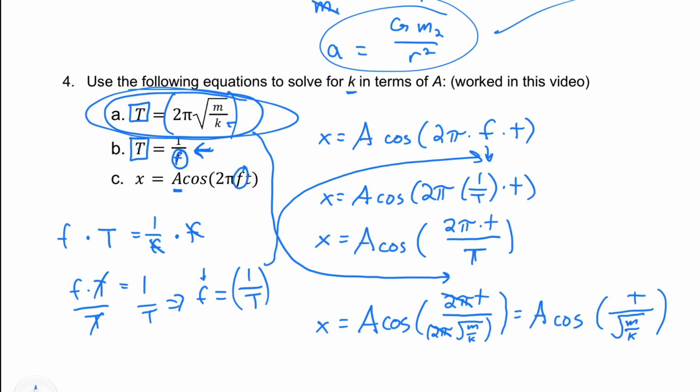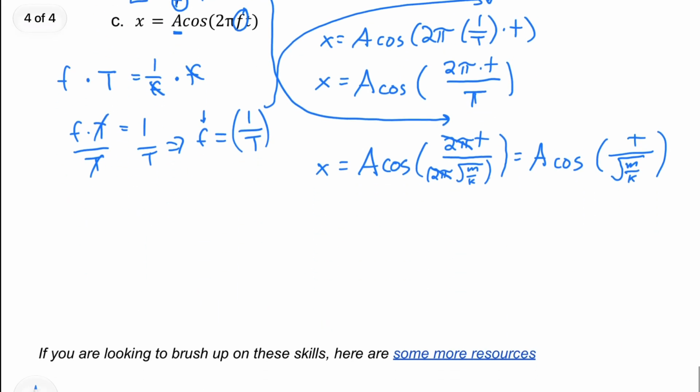Now, square roots we can take and invert in much a similar way that we would do normal fractions, right? So x equals, I'm just going to rewrite all this, big A times cosine, and then I'm just going to put little t by itself, and then times 1 over the square root of m over k, right?